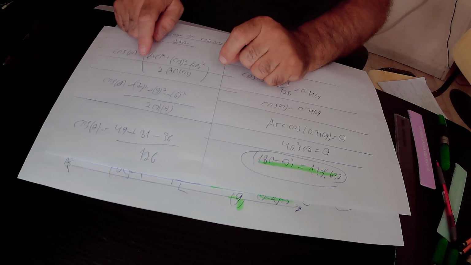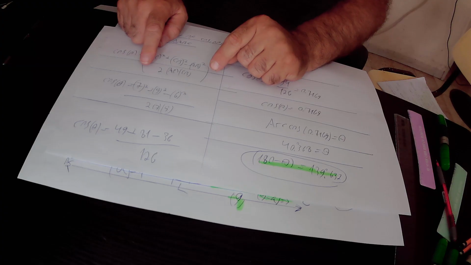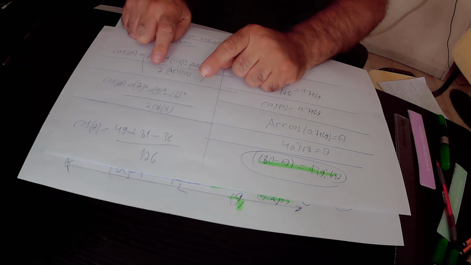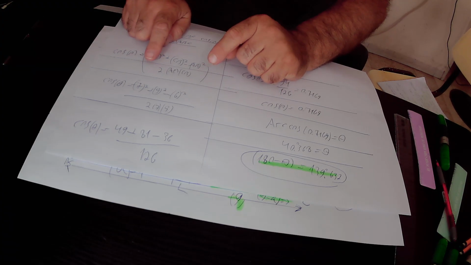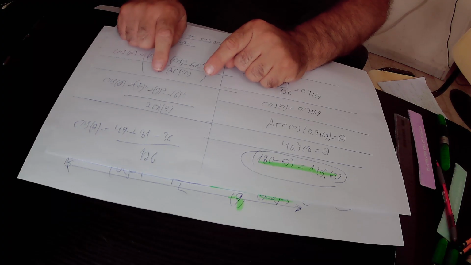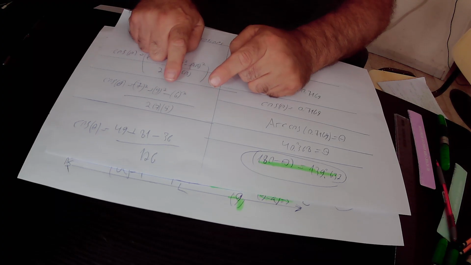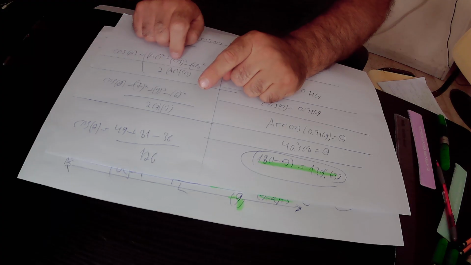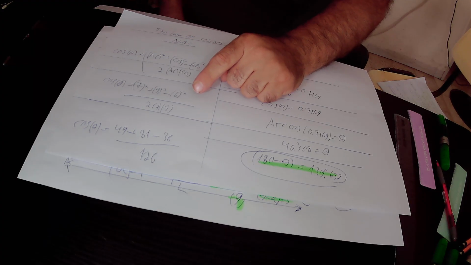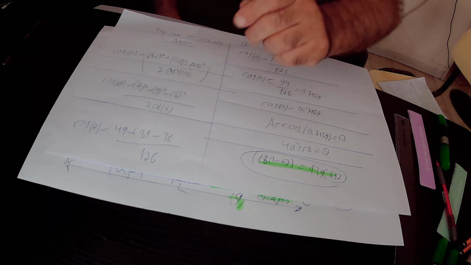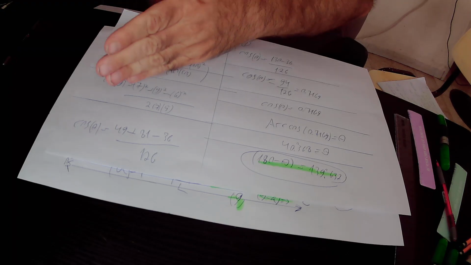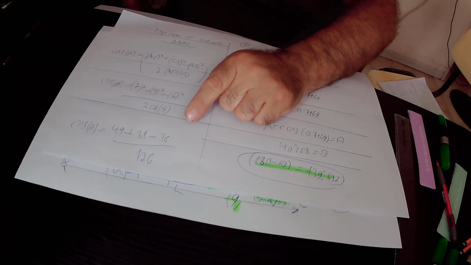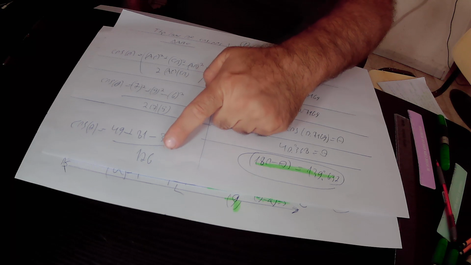So cosine theta equals 7 squared plus 9 squared minus 6 squared over 2 times 7 times 9. 7 squared is 49, 9 squared is 81, minus 6 squared, that is 36, over 7 times 9 is 63, 63 times 2 is 126. So cosine theta equals 49 plus 81 minus 36 over 126.